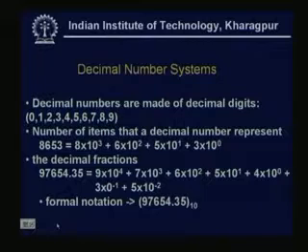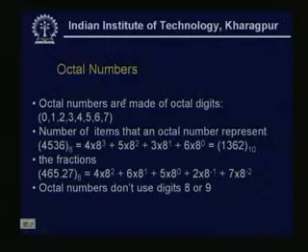That means in the decimal number system, base 10 means 10 distinct digits, 0 to 9, are used to represent a number. Now if we see the octal numbers, the base is 8. For the octal number system, the 8 digits 0 to 7 are used to represent a number.